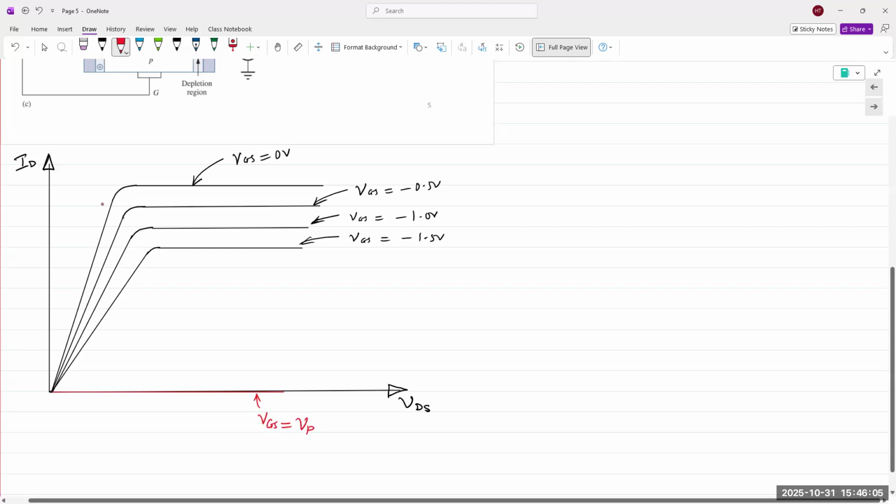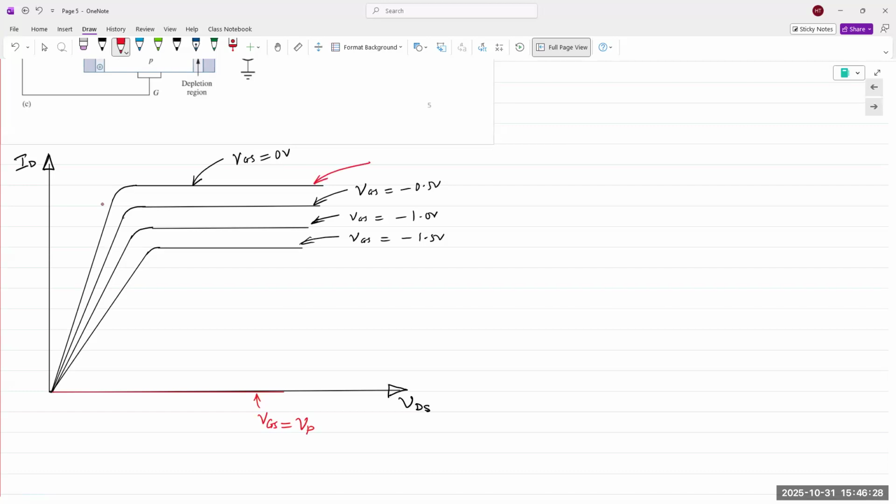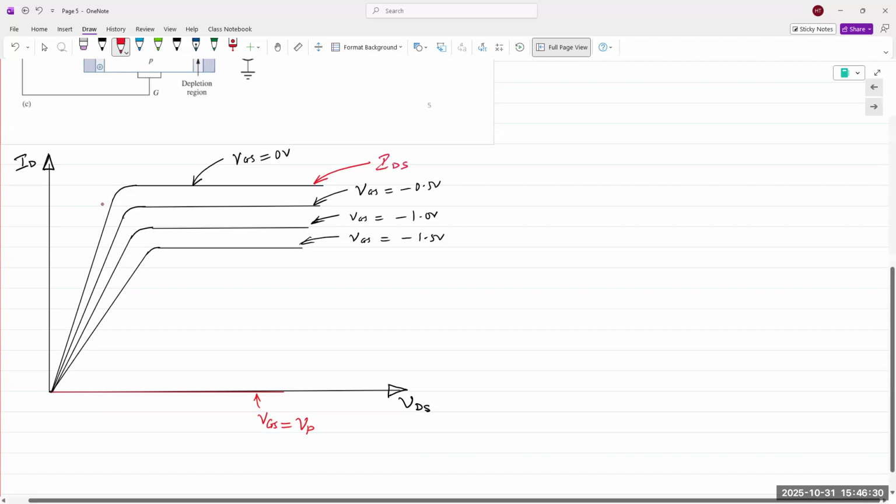Channel is completely cut off. No matter what VDS voltage we apply, there's no current flow. Okay, there is no current flow. VGS is equal to VP. VDS can be any value, and ID will still be 0. This current right here is the max value that is obtained, and so that's IDSS.